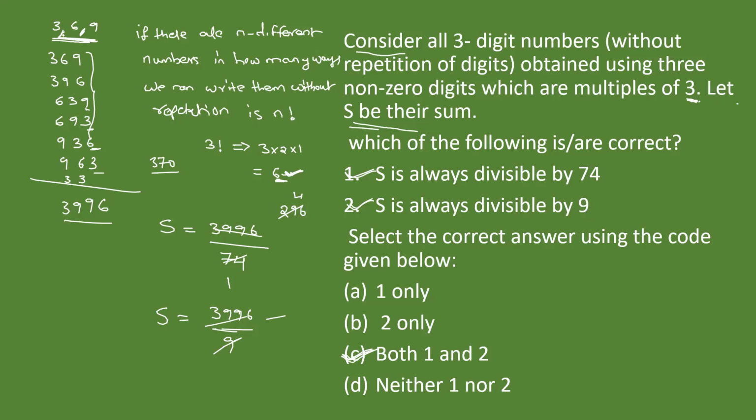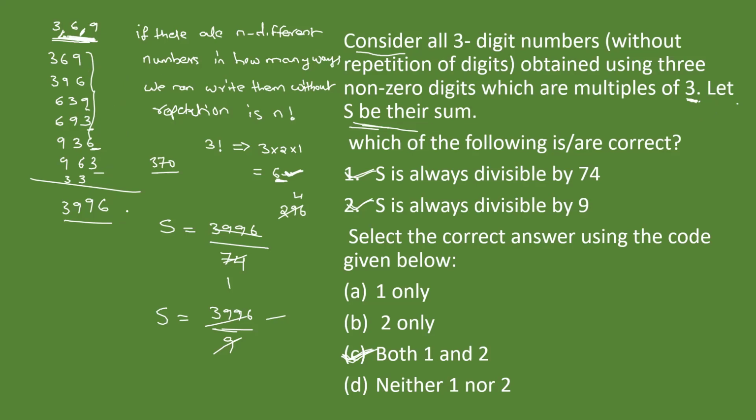See here, we will write the 3 digits, 3, 6, and 9, and we will write all the possibilities. After writing the possibilities, please cross-check once whether we have written all the possibilities or not. Simply what he is saying is, let S be their sum. After considering all the 3-digit numbers, we need to add them.